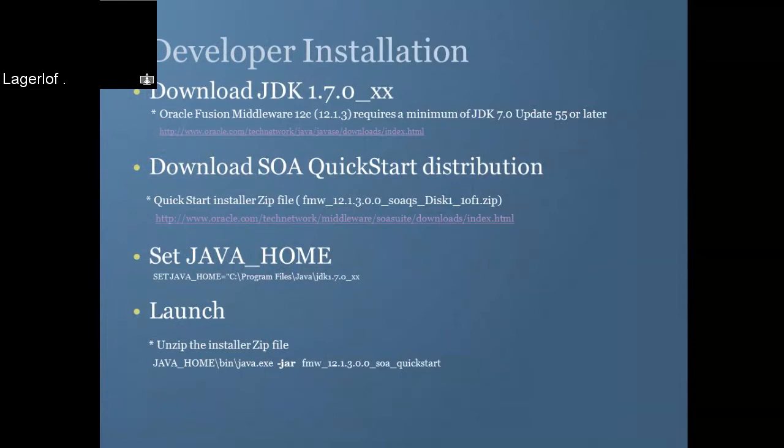Then make sure that you set Java home to the JDK 1.7 version, and once you have done all these steps, you're going to execute a Java command against the jar file that you obtained by unzipping the zip file.